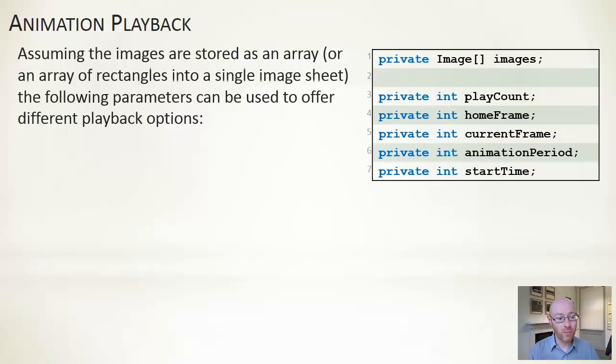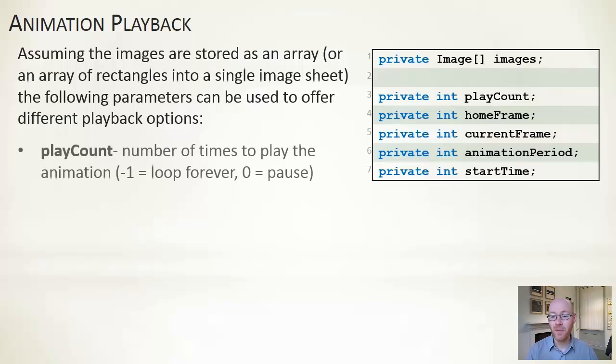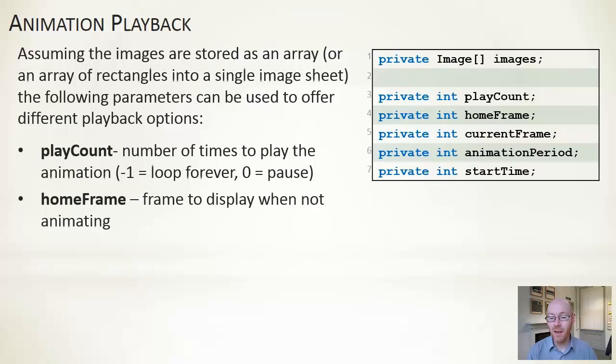The other variables: we have a play count, and this will be the number of times that we will play this particular animation. So for example, a value of -1 could mean continually loop. A value of 0 could mean pause it. A value of 1, 2, 3, play that number of iterations. We'll have a home frame, and this is the particular image or frame that we will be displaying whenever we're not animating.